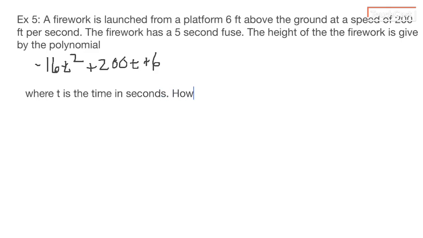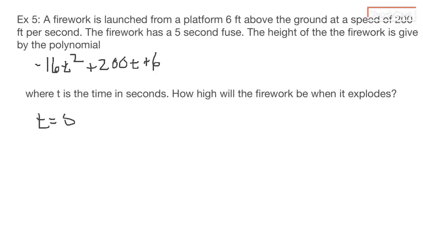We need to know how high the firework will be when it explodes. And since the fuse is a 5-second fuse, we're looking for what's the value when t equals 5, because it will take 5 seconds for it to explode.